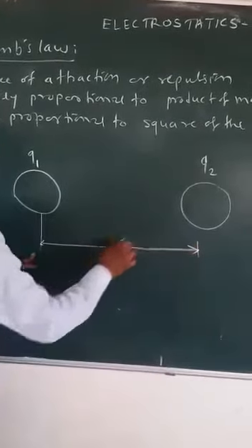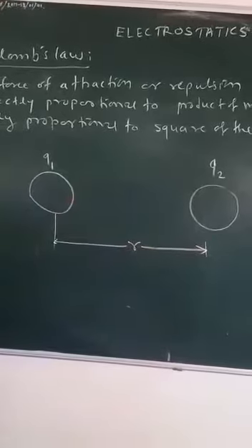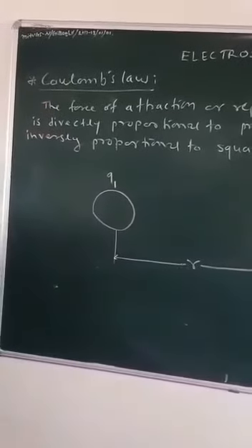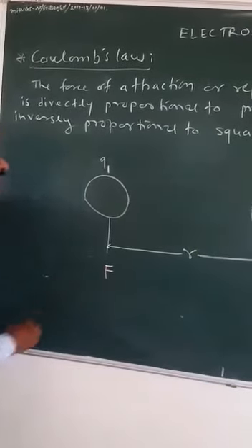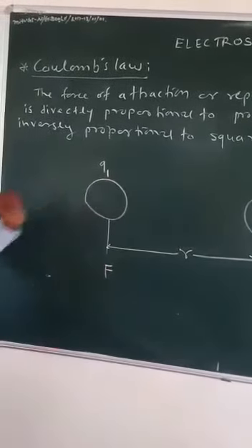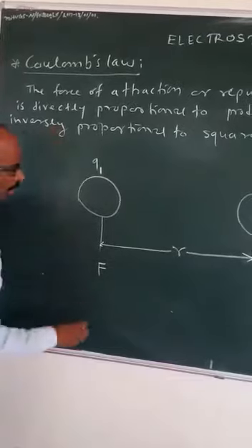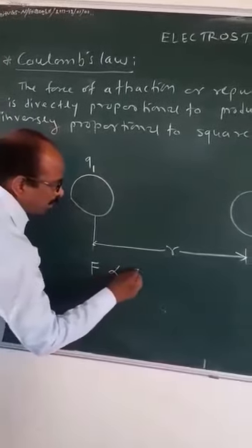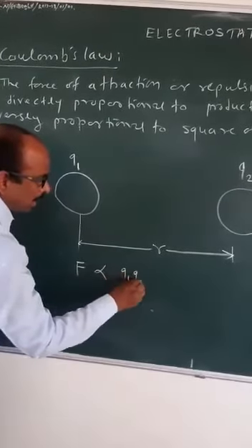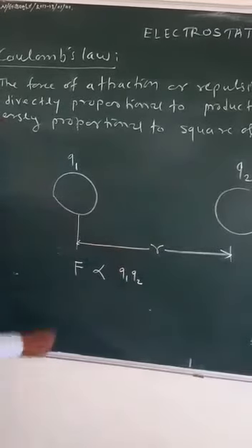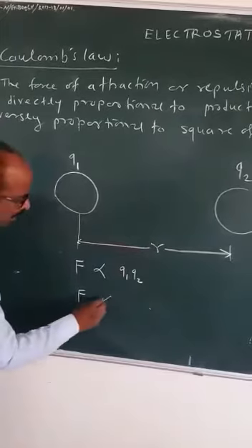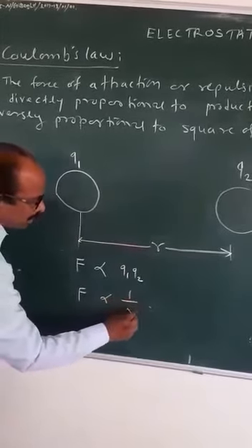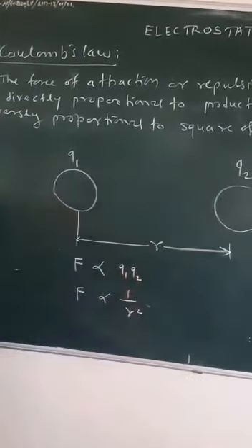R is the distance between these two charges. According to Coulomb's law, if F is the force of attraction or repulsion between these two charges, F is directly proportional to Q1 Q2, and from the second part, force is inversely proportional to the square of the distance between them.